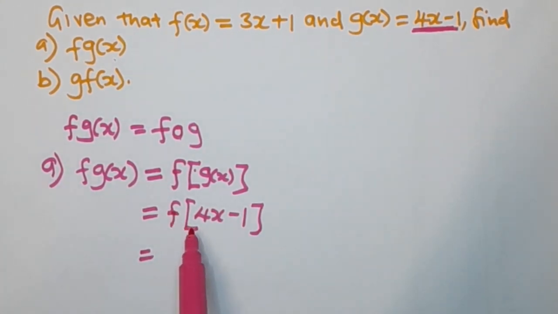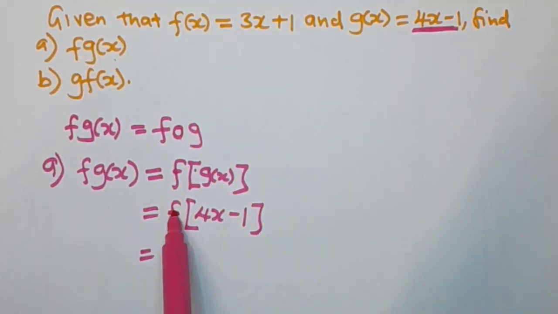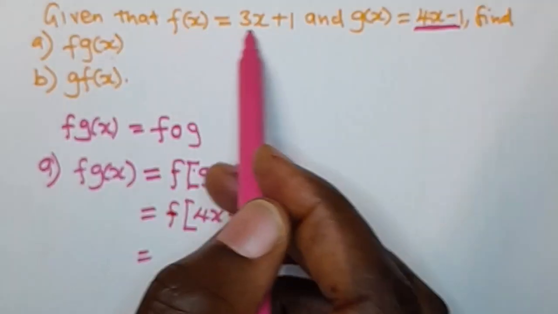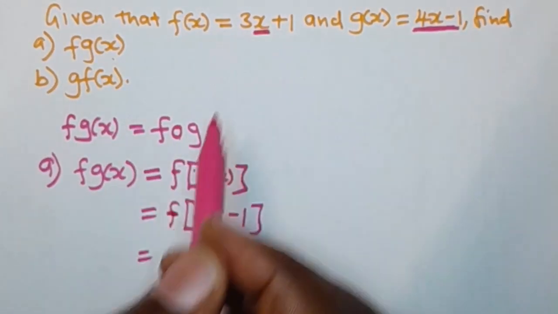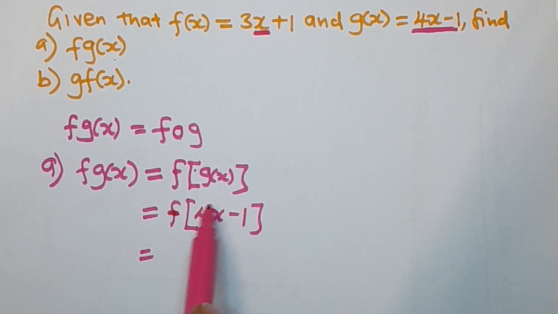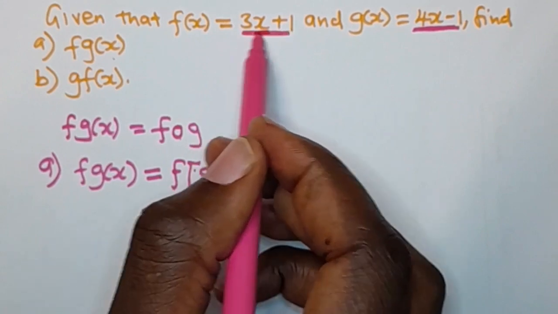So in the function f, wherever there's x, we're going to replace it with g of x. So the function f of x is this one.